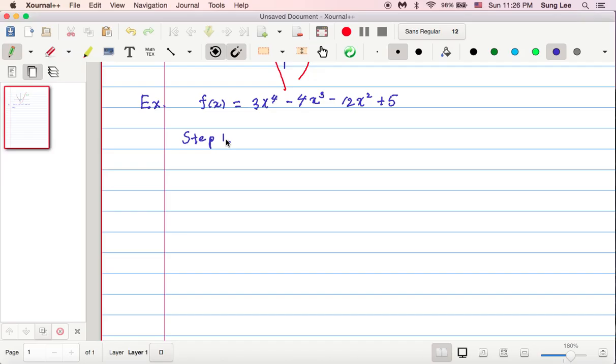The critical points are called critical points because at those points, the state of the given function changes from increasing to decreasing or decreasing to increasing. For that reason, what we first have to do is to find the critical points, because that's where the state of the function changes. Okay, so that's the first step.